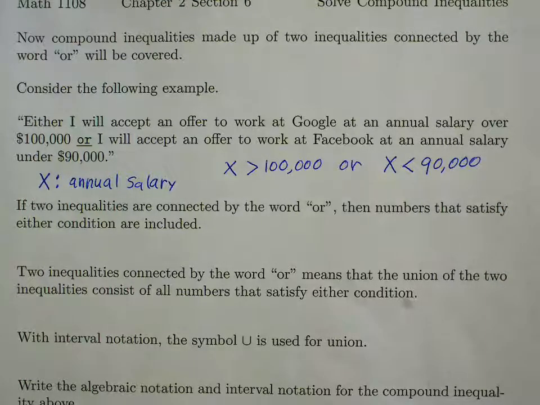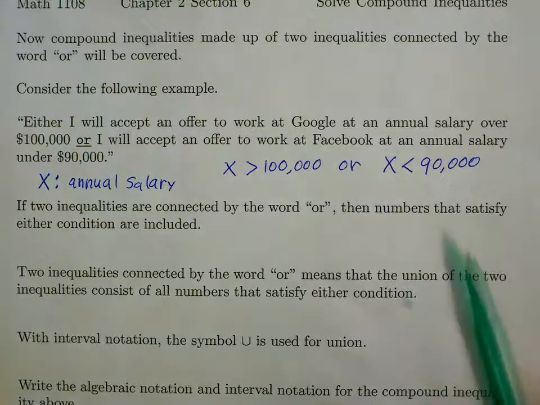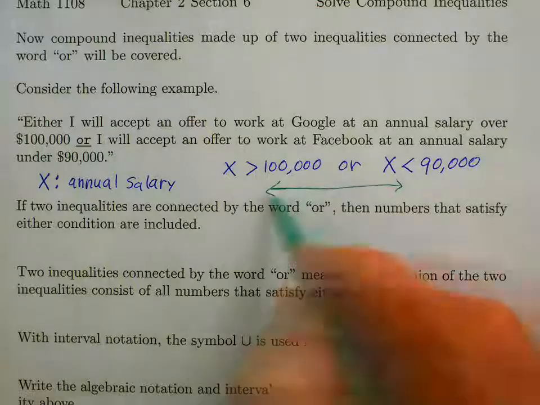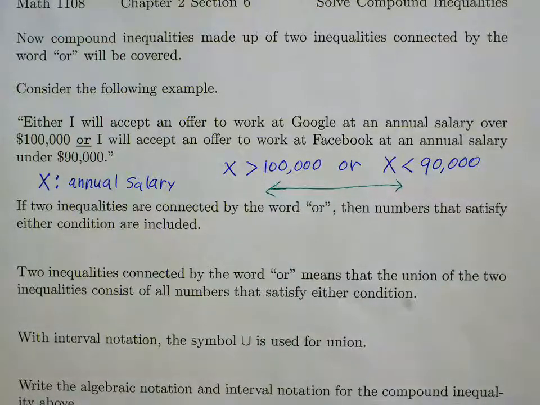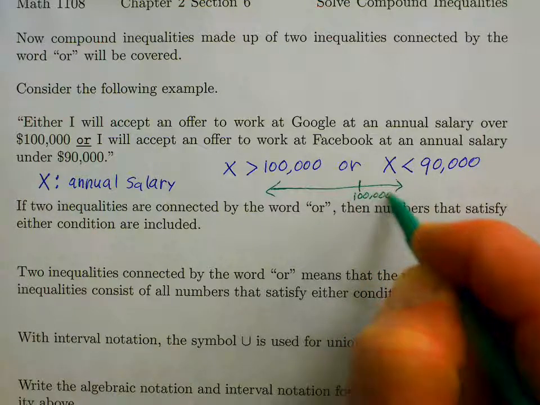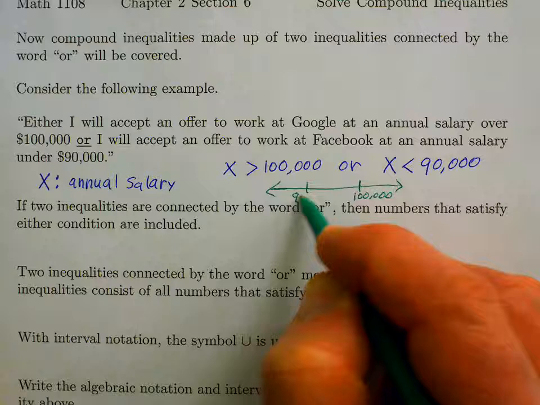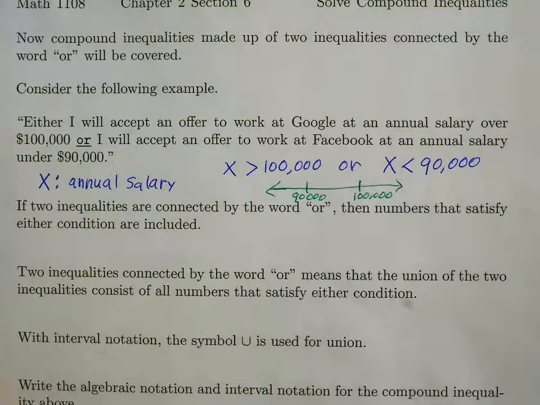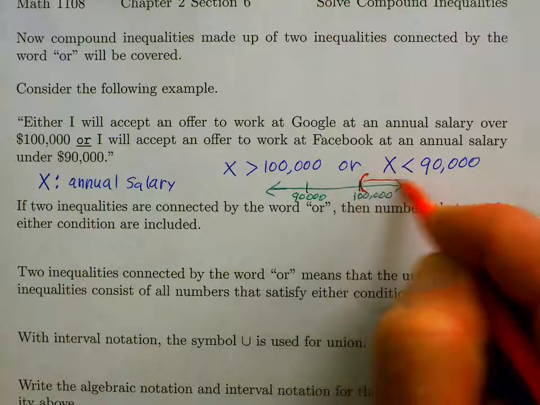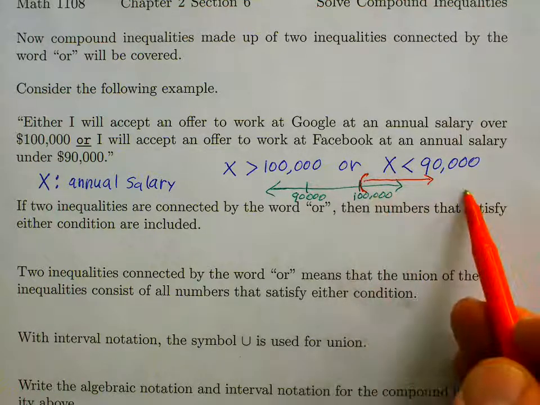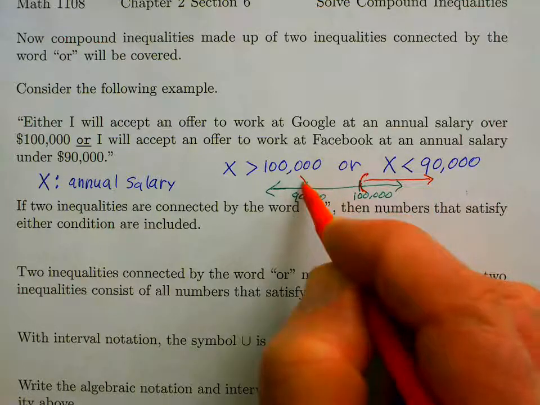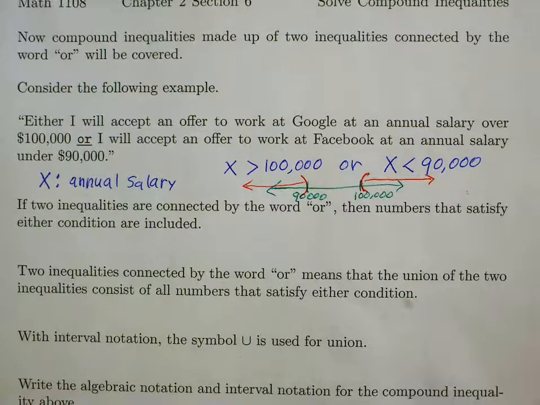So if you were to draw a graph of that, and we want to list all of the possibilities, 100,000 is to the right of 90,000. If x is greater than 100,000, then it's to the right of 100,000. The other possibility is that x is less than 90,000, so that would be to the left of 90,000.